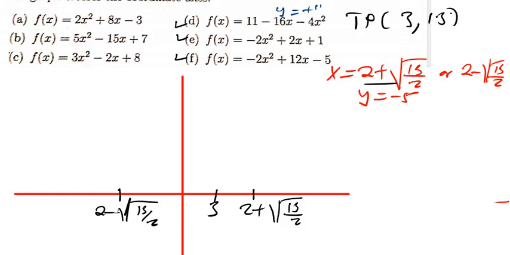Have I done the correct thing? We have the turning point at what point? At y is equal to -5. Okay, yes. So why can't I shift this one? Let me do this a bit.